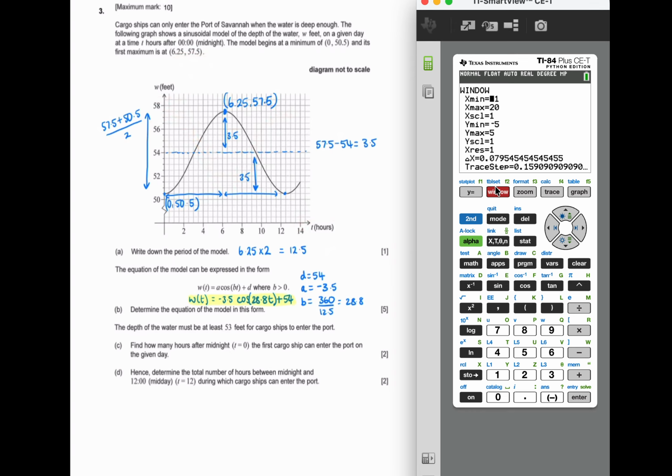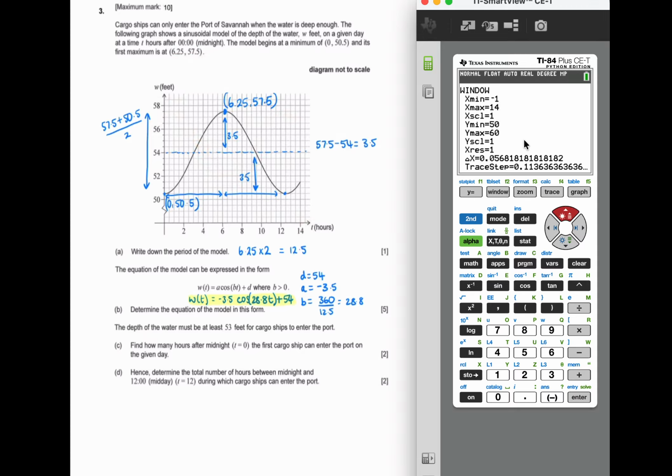We're expecting the window to go to 14, which is what we have on our graph for the x-axis, and for the y-axis I'm going to change that to -1, and it should go up to around 60. And we can see there we have our function. Now we could change the window to what we see here, where the y-axis actually starts at 50.